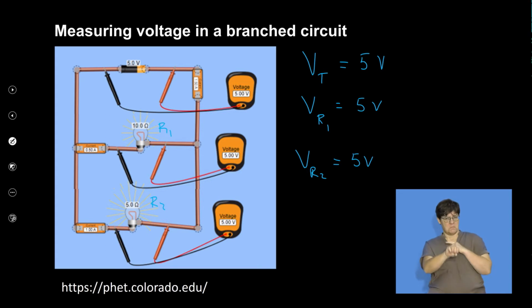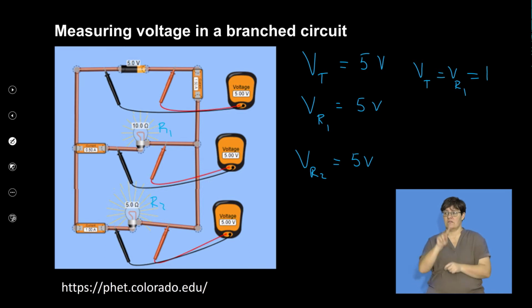So what we can conclude from this branch circuit is that voltage remains constant. The total voltage is equal to the voltage across R1, which is also equal to the voltage across R2. So voltage remains constant.